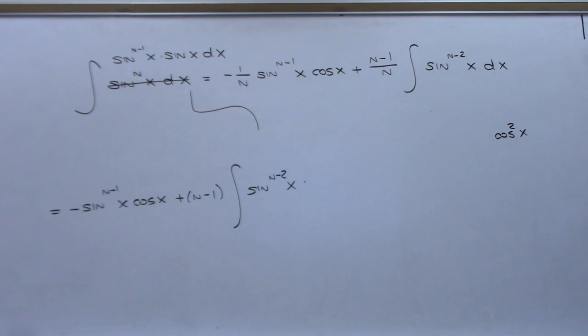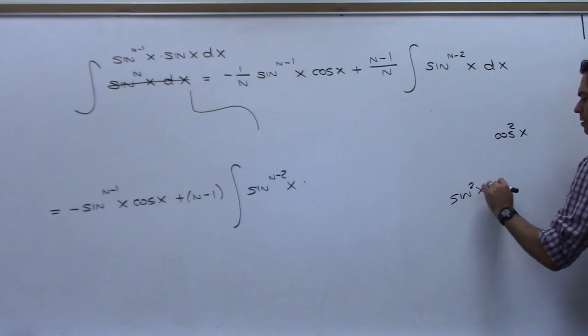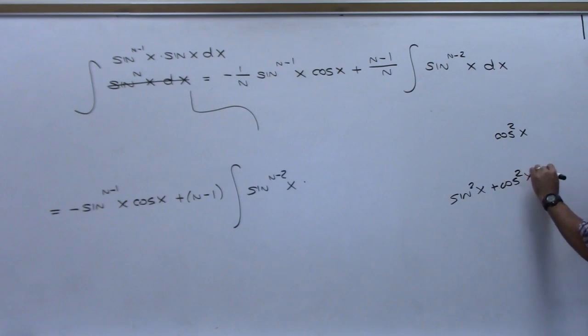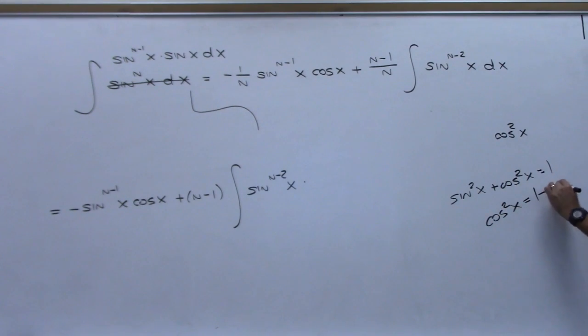Actually, a more complicated way. What was the Pythagorean identity? Sine squared x plus cosine squared x equals 1. So if I solve for cosine, I can rewrite the cosine squared x as 1 minus sine squared x, right?